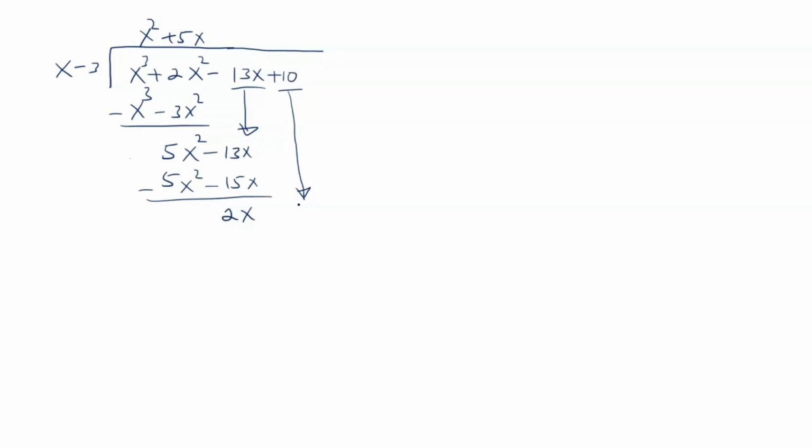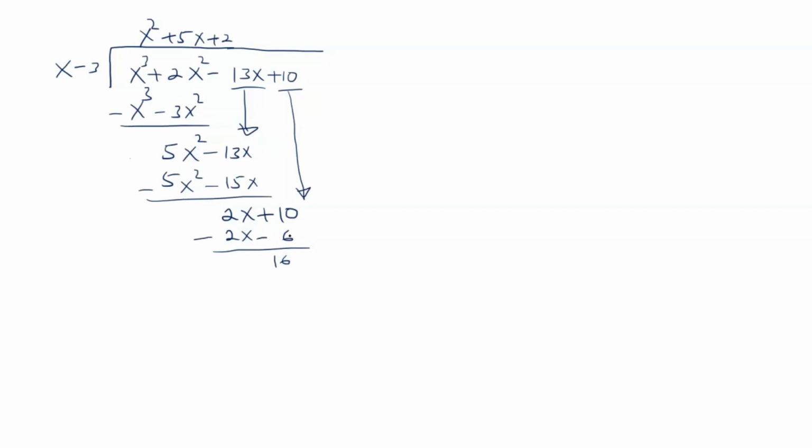We bring down the next term, which gives me 10. I want to get rid of the 2x, so I multiply by 2, giving 2x and 2 times negative 3, which is negative 6. We subtract, and that gives me a remainder of 16.